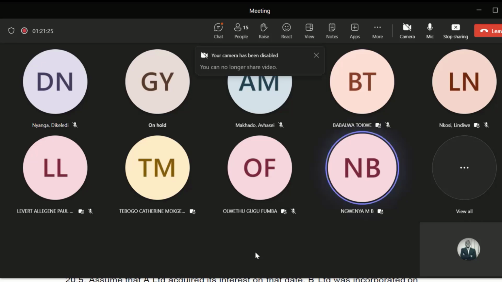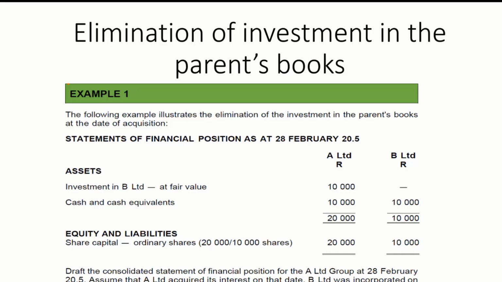Good. So you know where the investment in B Limited of 10,000 is coming from, and you also know where the share capital of 10,000 is coming from. A had its own share capital of 20,000. We don't worry about that. A is a parent company. It was in existence long before it acquired B Limited.